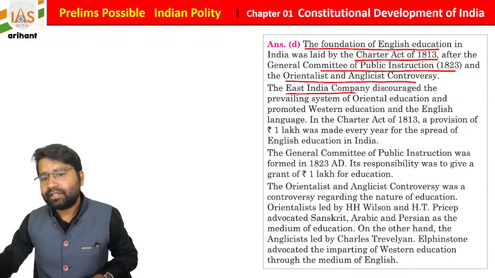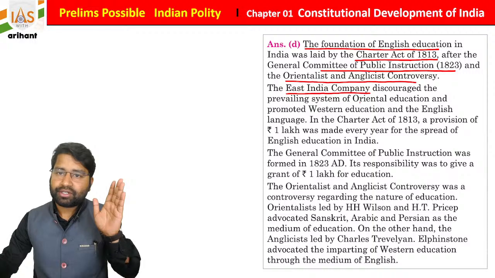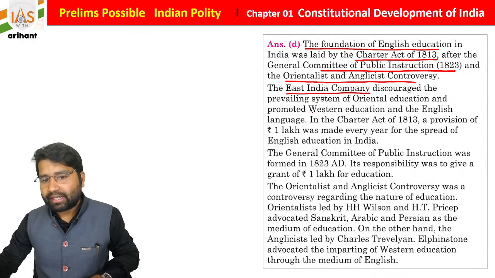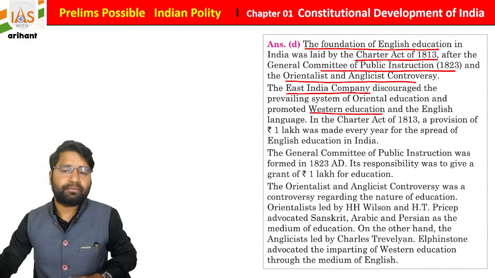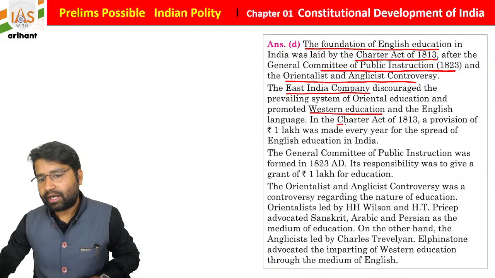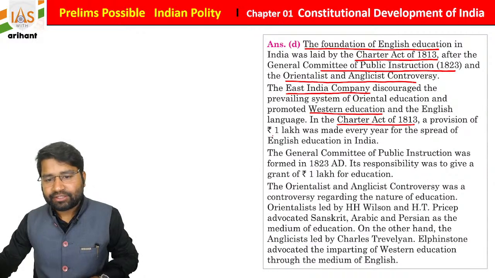The English East India Company discouraged the prevailing system of Oriental education, that was Sanskrit, Persian and all. They were trying to introduce Western education and wanted to promote it. So in 1813, under the Charter Act, they made a provision to spend 1 lakh rupees per annum for the spread of English education in India.